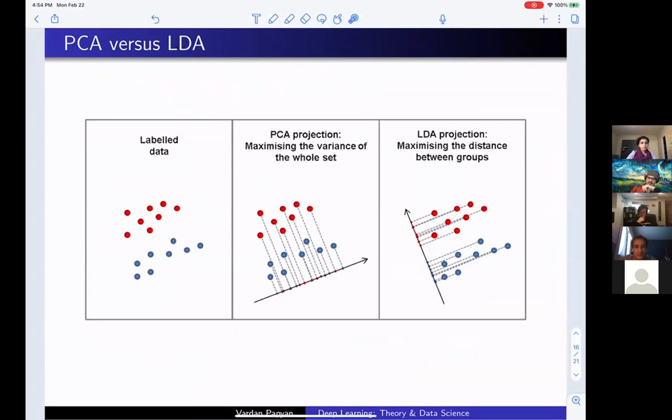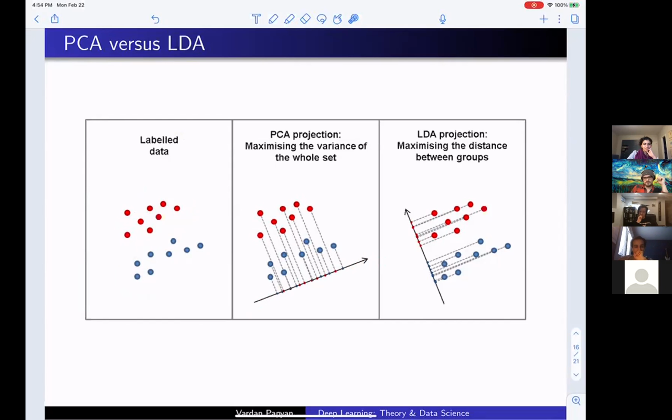PCA is just eigenvalue decomposition, right? So if you think about PCA just with one direction, imagine you take data, you know, red class, blue class, and you do PCA with rank 1. What do you get? You get a direction that is maximizing the variance of the data projected to that direction.